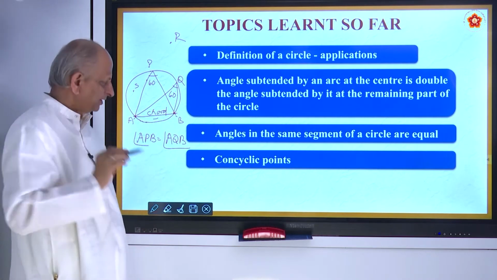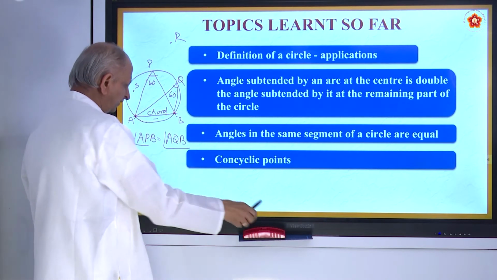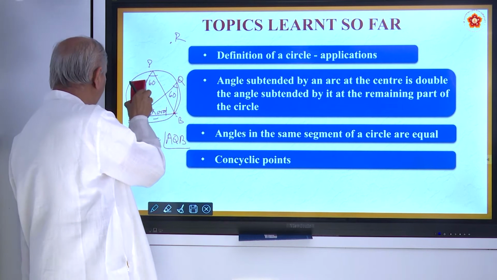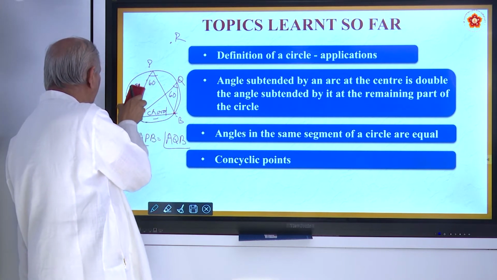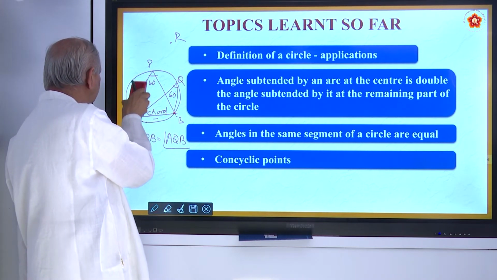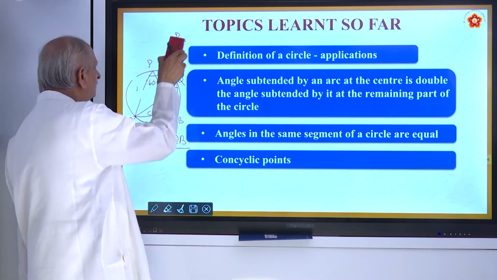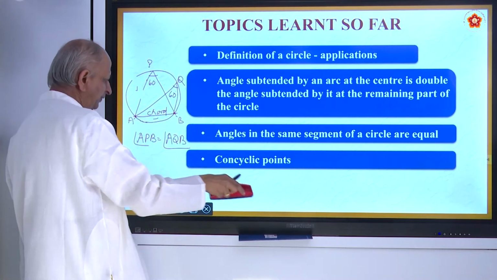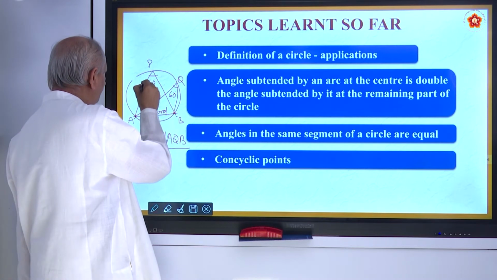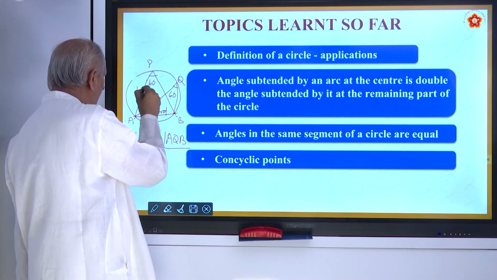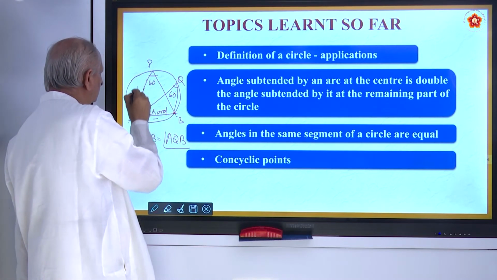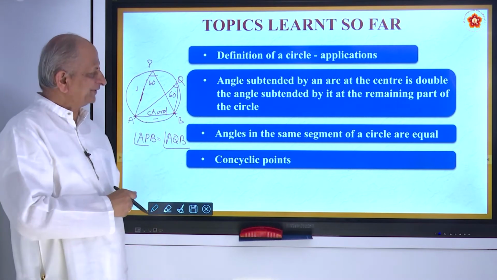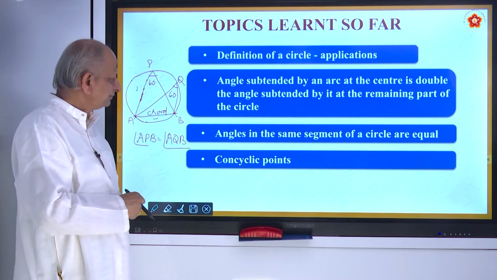No. Then what do you call concyclic? Concyclic means the points which lie on the circumference of the same circle. That is called concyclic. Okay.